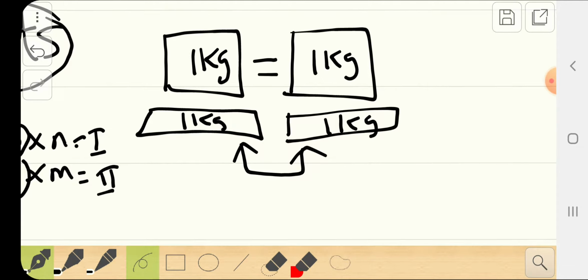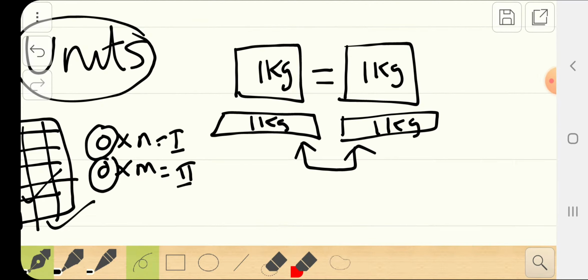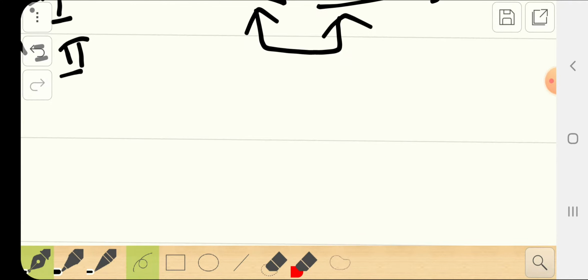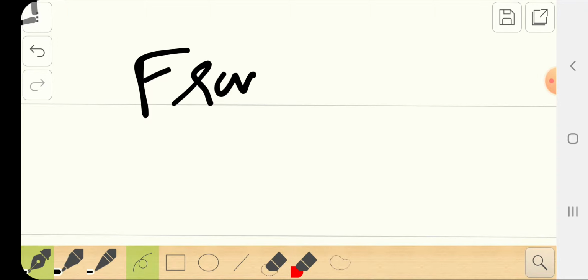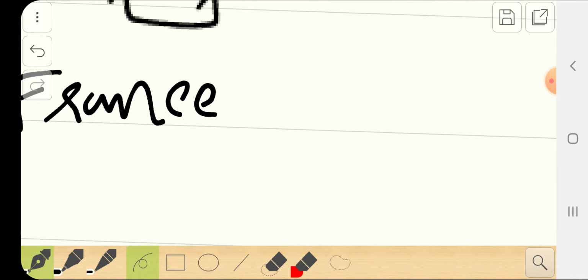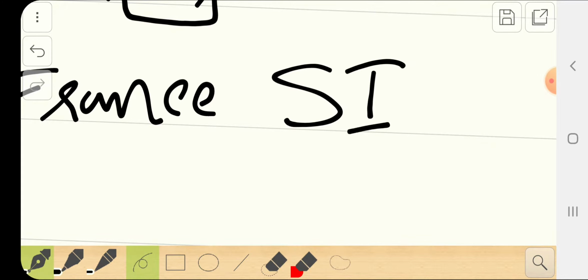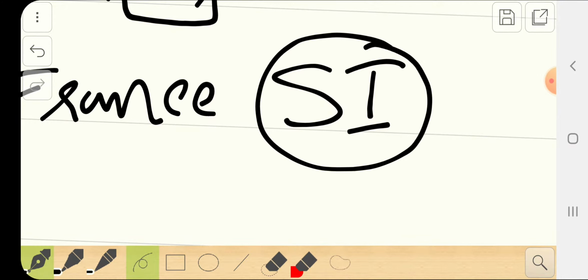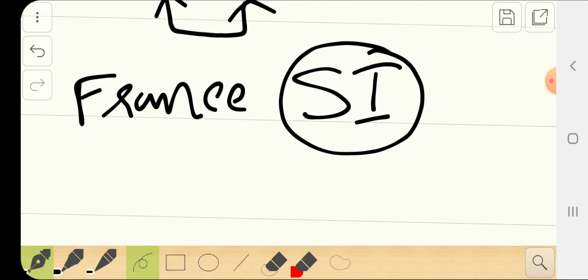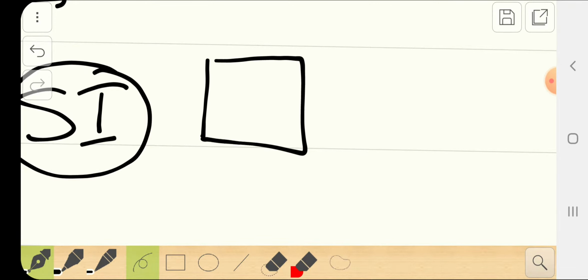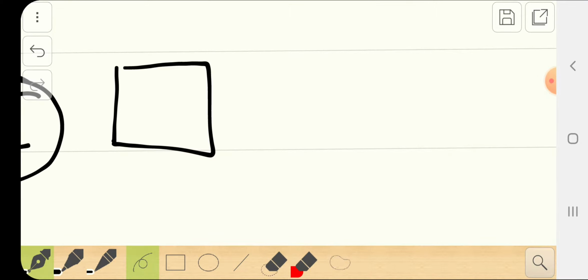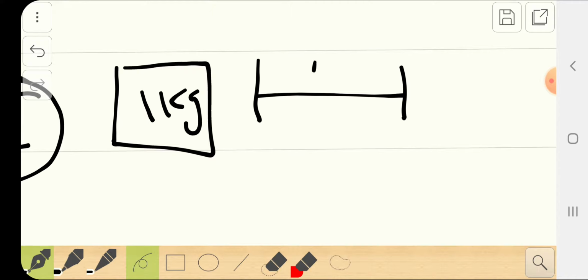For that, we have a system which was developed in the early 19th century, located in France, called the Système International. In the Système International, they store everything, like a 1 kilogram block of mass and a 1 meter long stick.